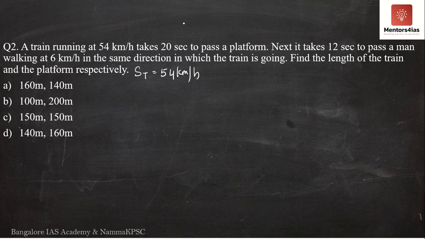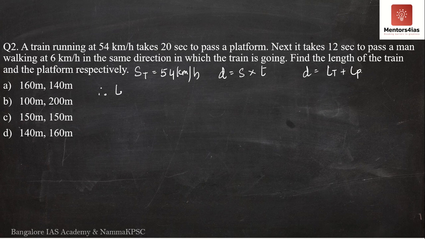Now, if you have already understood the previous question, I'm pretty sure you should be able to appreciate what we are going to do next based on the information contained in the first statement. The first statement is saying a train running at 54 kilometers per hour takes 20 seconds to pass a platform, correct? So we know that distance is equal to speed into time, where this distance is nothing but length of the train plus length of the platform.